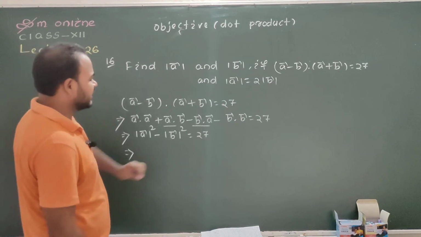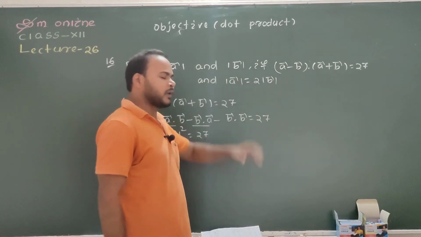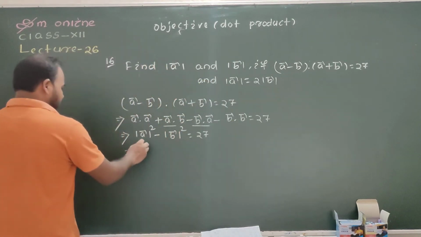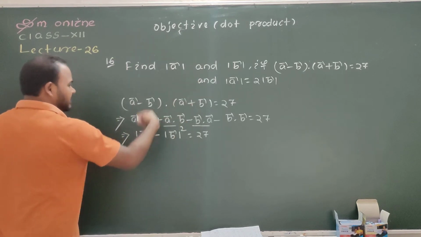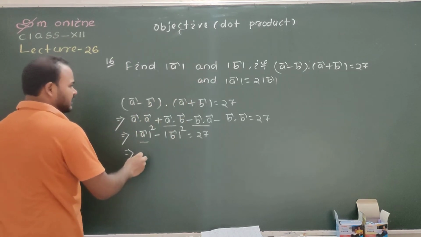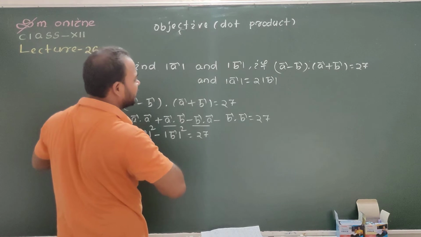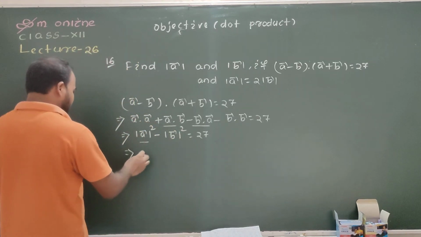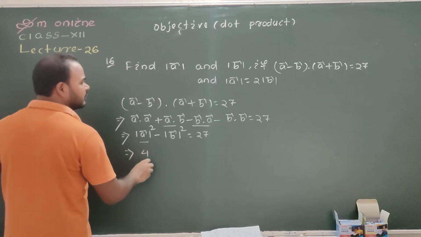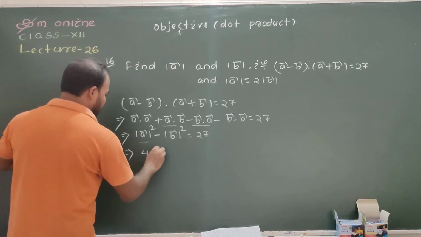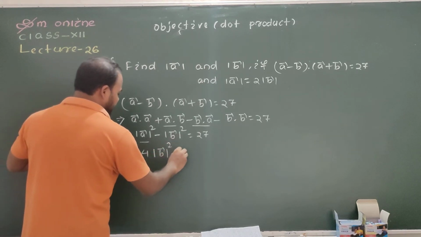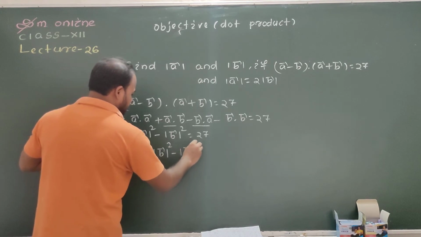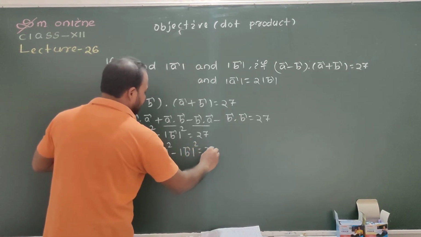Again it is given that magnitude of vector A equal to twice of magnitude of vector B, so the square is 4 into magnitude of vector B square. This gives 4 into magnitude of vector B square minus magnitude of vector B square equal to 27.